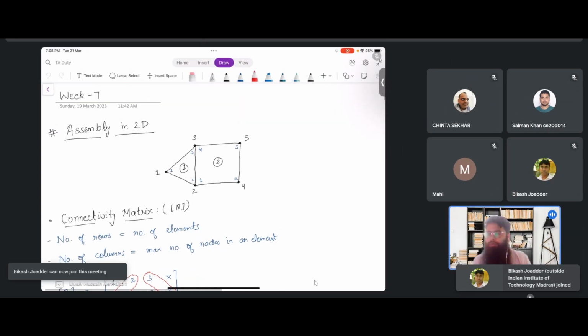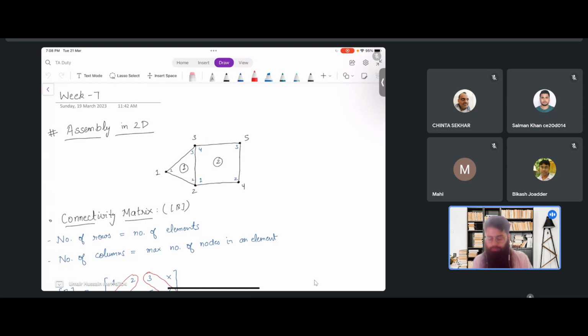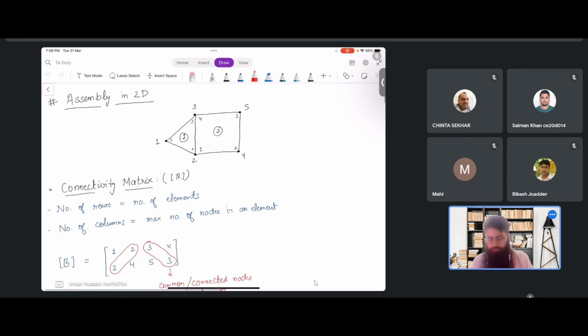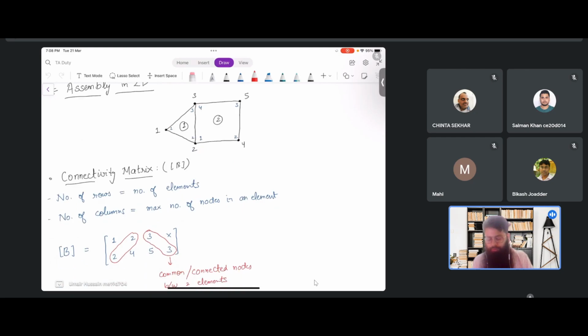The number of rows is equal to the total number of elements, and the column data contains the sequence of the node values. So basically, the size of the connectivity matrix is equal to the total number of elements times the maximum number of nodes in an element.